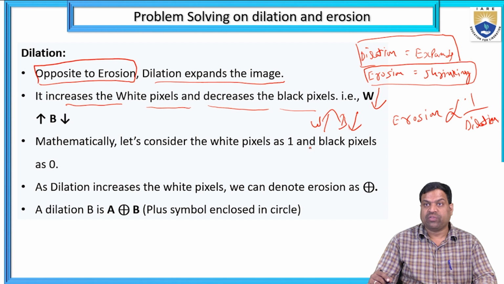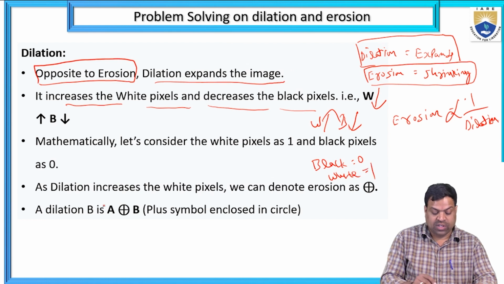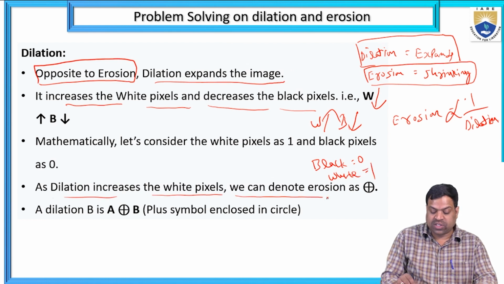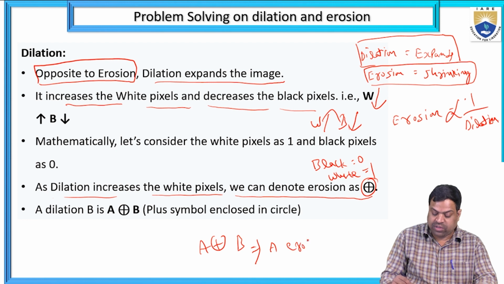Why am I increasing the white? Because the background is increasing like this. But mathematically, let's consider the white pixel is 1, black equals 0, white equals 1. As dilation is increasing the white pixels, we can denote the erosion like this. If suppose A plus B is there, what is the meaning? A eroded B.